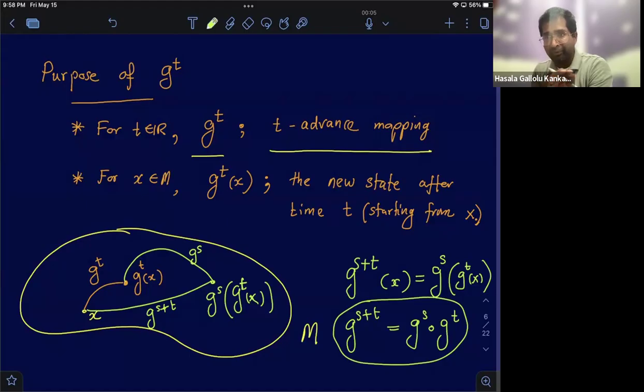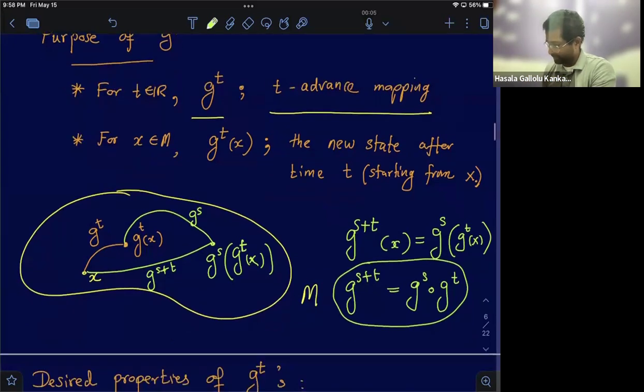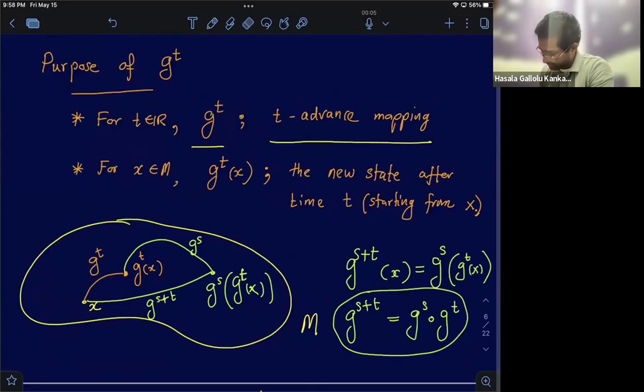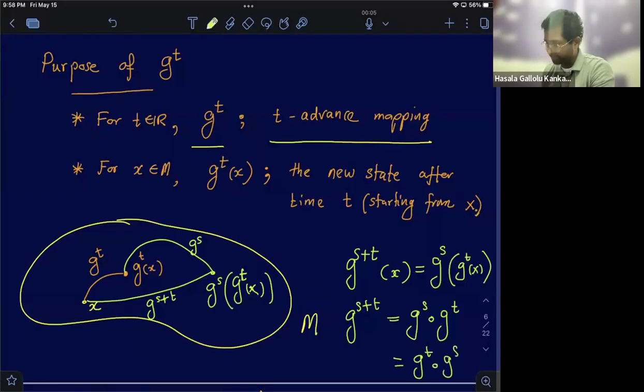So we are going to have this simple commutative property in the time domain, and then you should be able to extend it simply to this. So the property that you're going to have should be the same as G_T compose G_S as well.